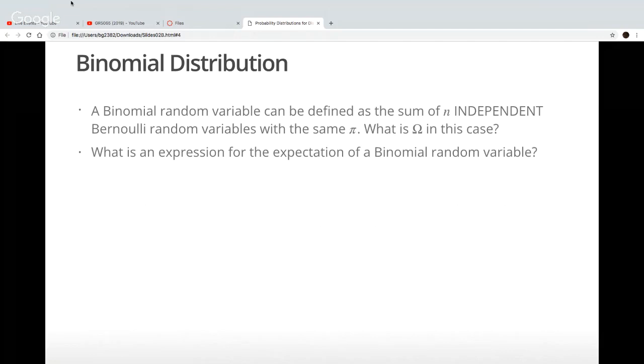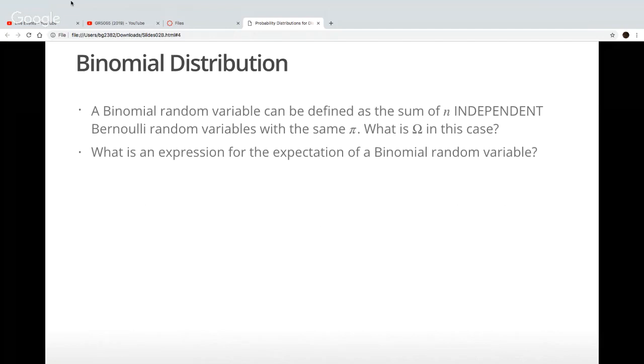No, although that's something. So getting ahead of ourselves a little bit. What would be the expectation, which is just going to be a much simpler number than that? Close. Pi times n. Right.